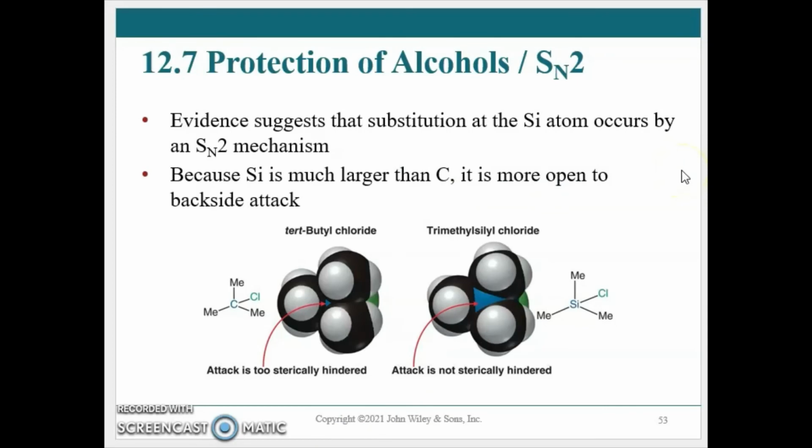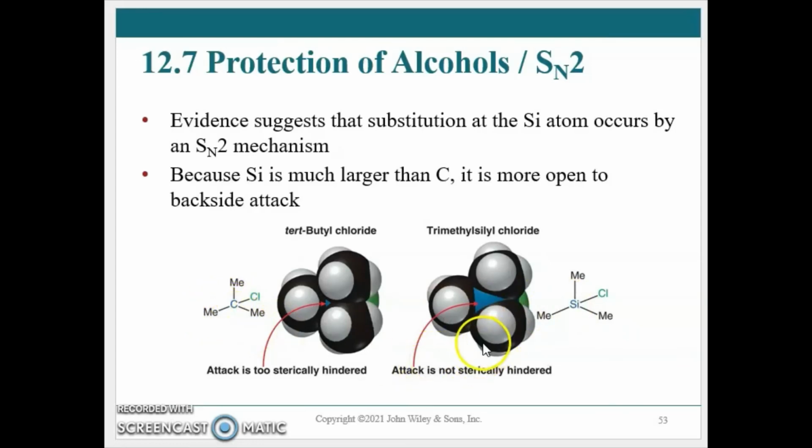So in the protection, the alcohol group itself acts as a nucleophile and goes through backside attack on the silicon atom. And this figure attempts to show that with silicon, the bond length between the substituent carbon groups is longer than in the carbon-carbon bond length.